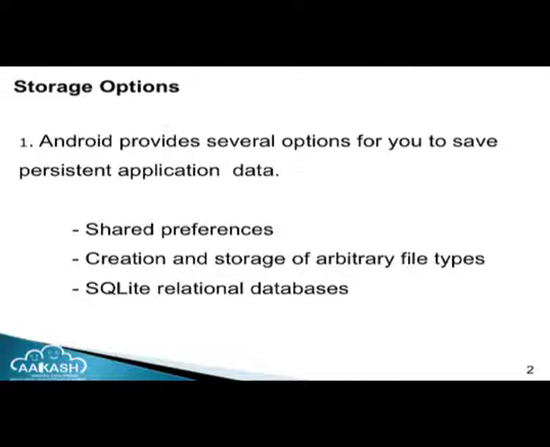Android provides several options for you to save persistent application data. When I talk about persistent application data, I mean you are saving your data on your device using shared preferences, internal or external memory, with the help of files, and you can use the SQLite database to store some information.